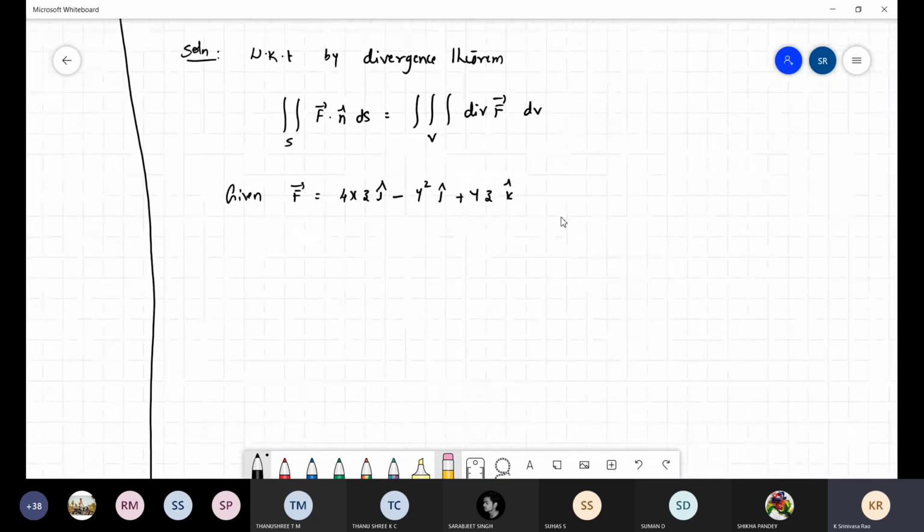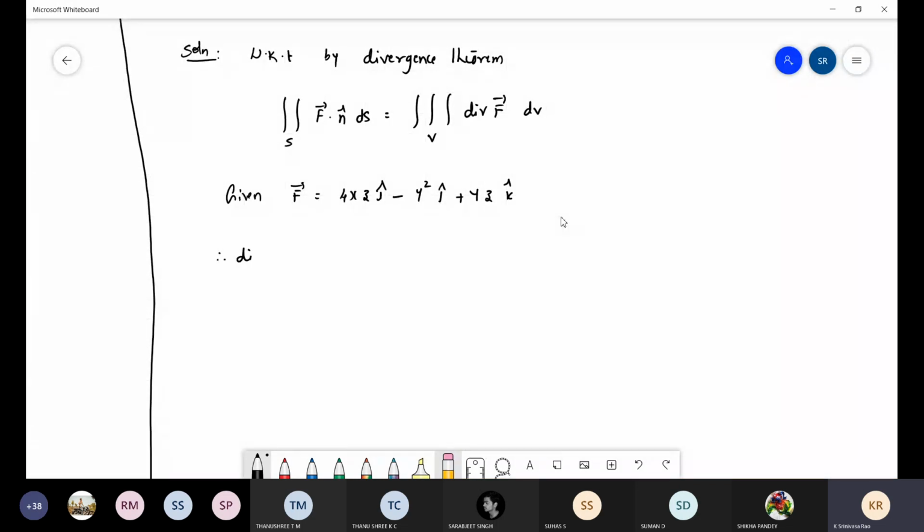Therefore, div f is nothing but del dot f, equals dou by dou x of the first component 4xz, plus dou by dou y of the second component minus y square, plus dou by dou z of the third component yz.